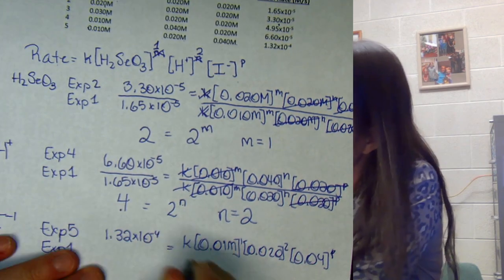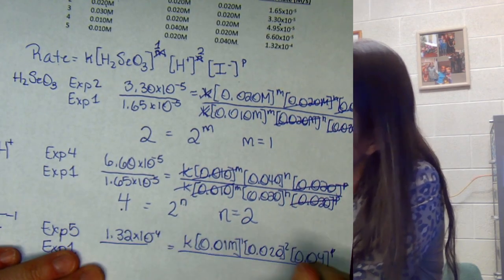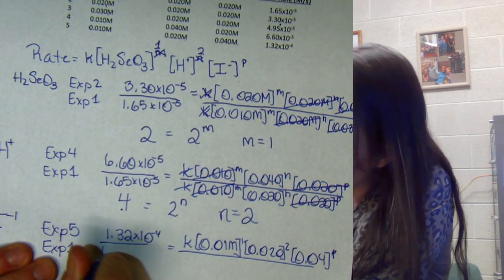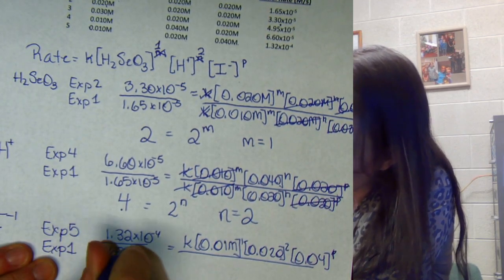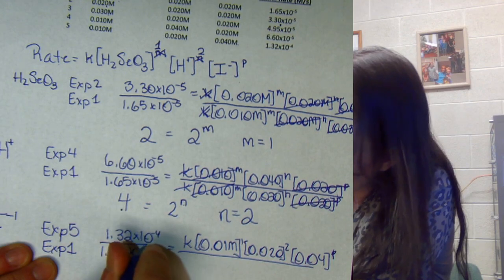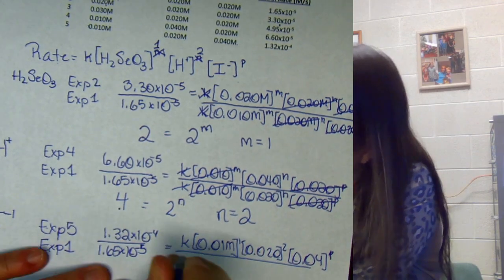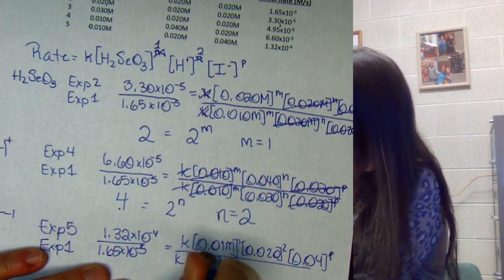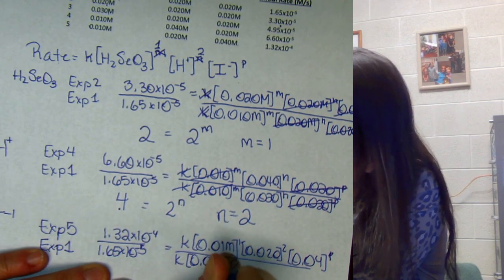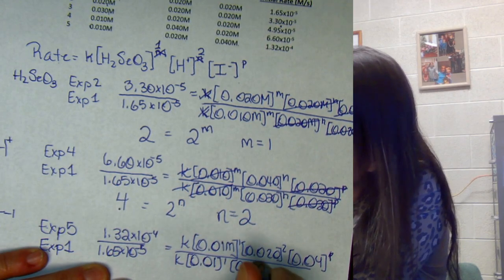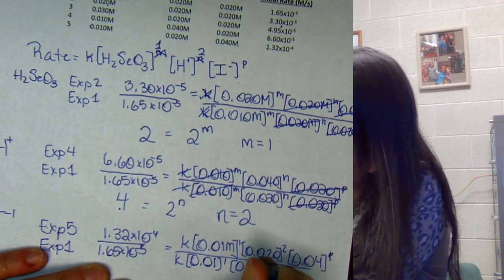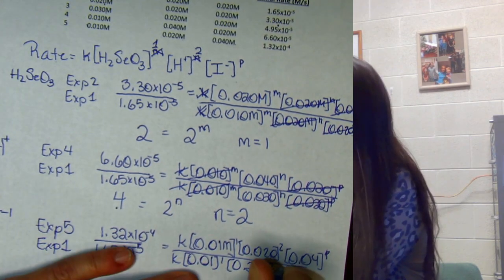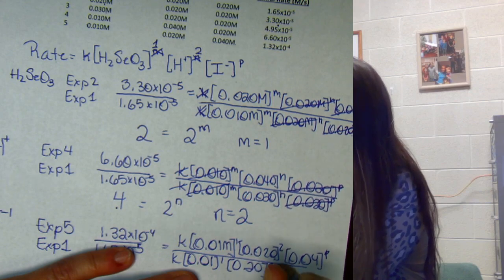We don't know its order. On the bottom, the data for experiment 1, 1.65 times 10 to the negative 5, K, the acid concentration, the hydrogen ion concentration, and your iodide concentration.